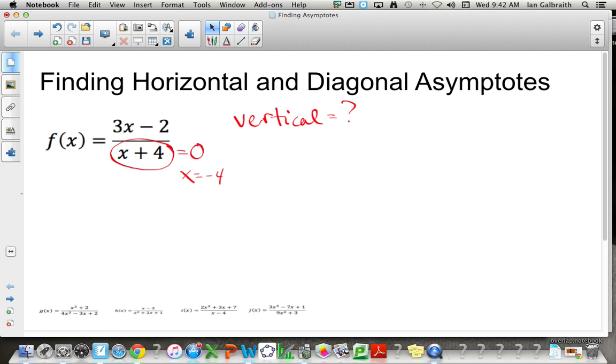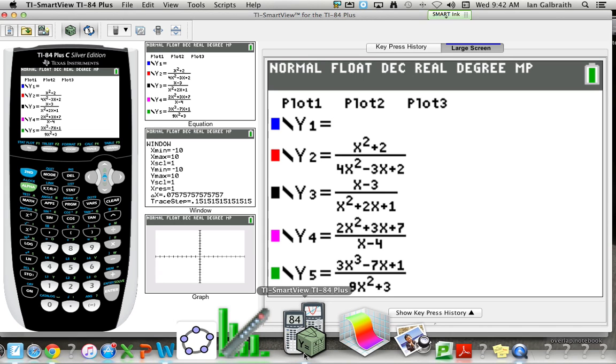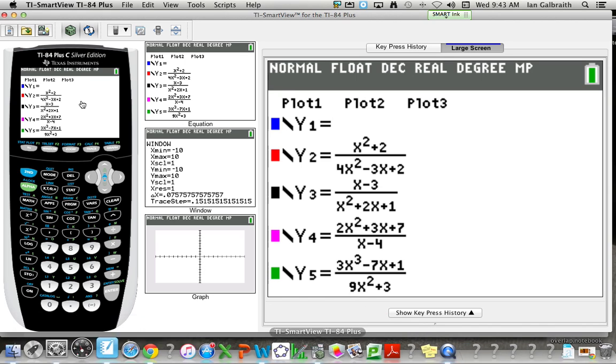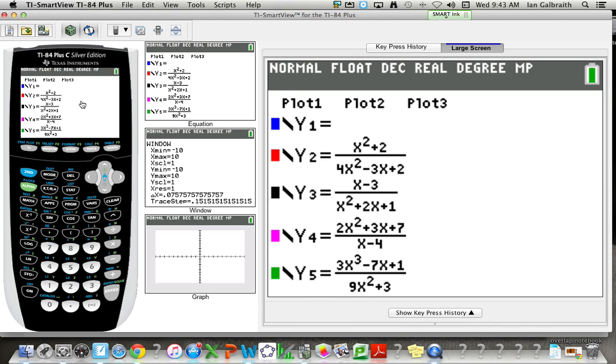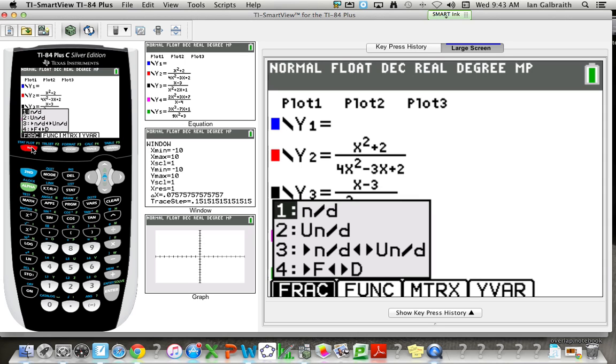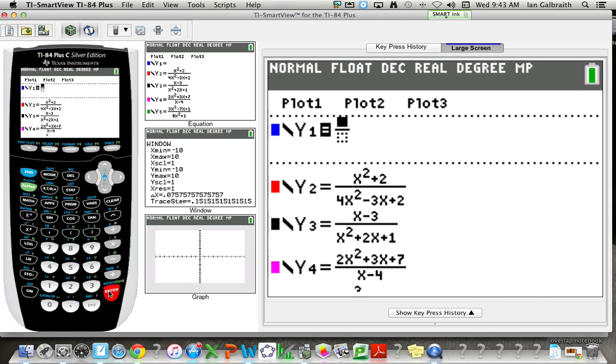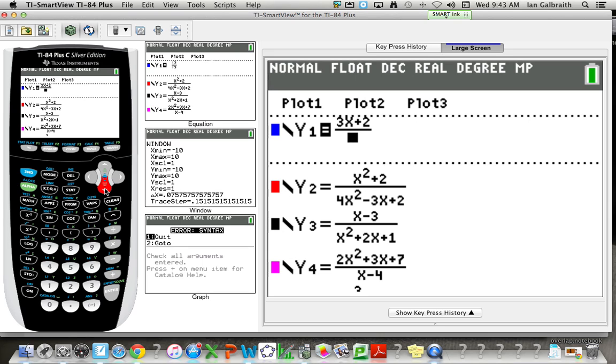So I'll go over to the graphing calculator. I have to remember 3x minus 2 over x plus 4. And I'm going to put that in here to the y equals menu. A reminder that if you hit alpha and then F1, I can create a fraction, numerator over denominator, and it was 3x minus 2 over x plus 4.